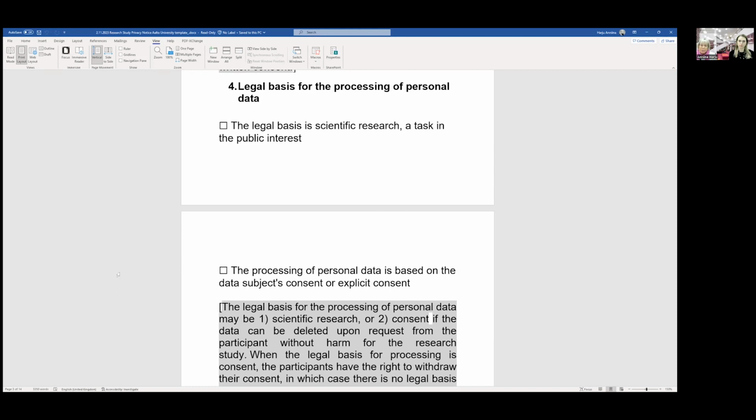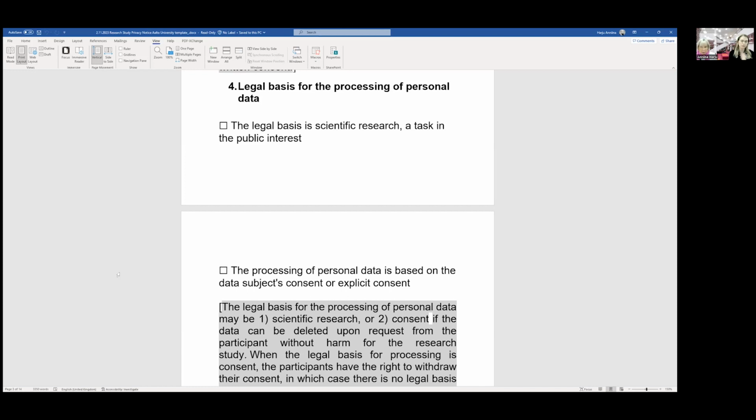And then there is a possibility in the GDPR that the member states, for example, Finland, may legislate in national legislation that a task in the public interest, for example, scientific research, can be the legal basis for processing of data.